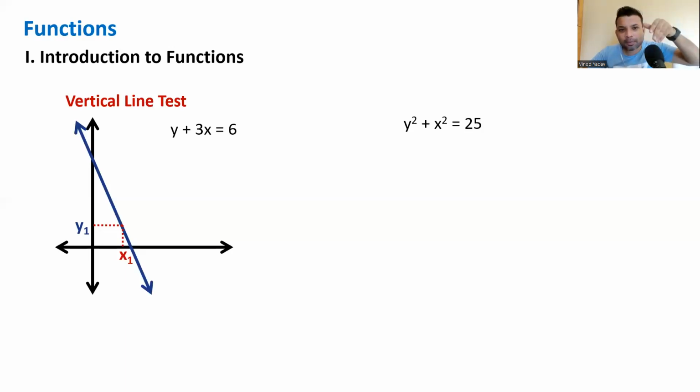Of course, if you keep imagining vertical lines, every time they will intersect this blue line at one point only. That is, for every value of x, there will be only one value of y. So it's a function.